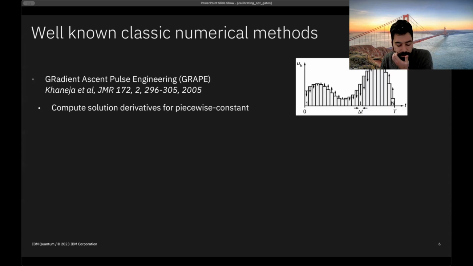Basically, what this paper shows is if you parameterize your pulse as piecewise constant, so the parameters you're going to be optimizing are just the amplitudes of these pieces, they show a way to nicely compute the derivatives of the final unitary with respect to these parameters. I'm not aware of stuff before this, but that was a really early paper, and it's the thing that gets cited all the time.